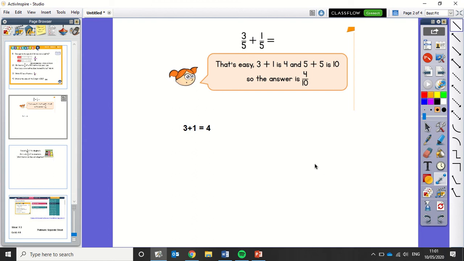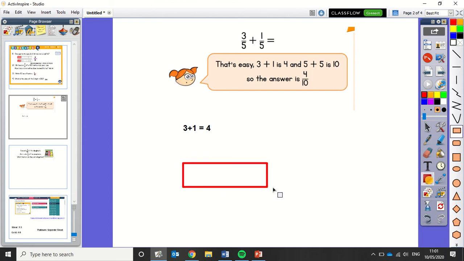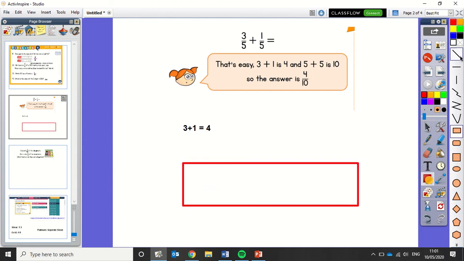Let's do it the easy way. There we are, much easier. Split into 5 parts. 1, 2, 3, 4, 5.